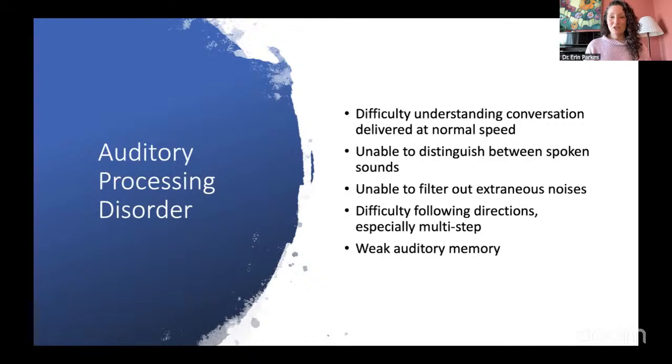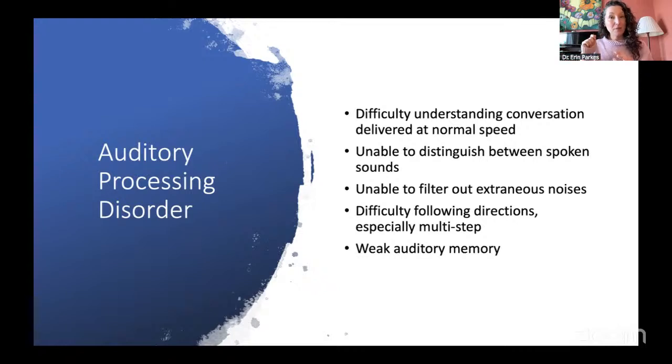Unable to filter out extraneous noises, so sound and noise issues. So, for example, if they're in a music room and there's lots going on, and they need to hear the teacher, or even things like if there's traffic going by outside, and you want them to listen to something you're saying or something that you're playing or whatever, the sounds can all have the same weight, whereas most of us sort of give more weight to what we know we're supposed to focus in on.